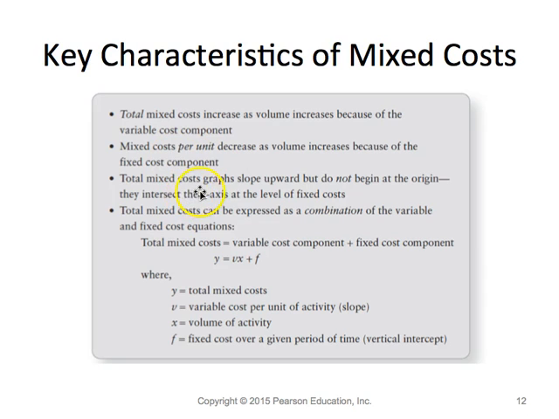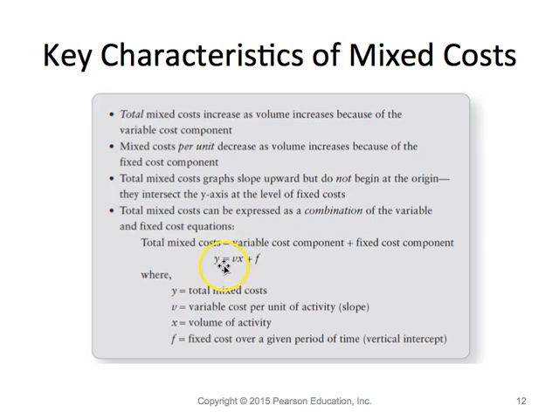So the total mixed cost graph slopes upward, but does not begin at the origin. They intersect the y-axis at the level of fixed cost. This is the equation, and everything you can explain from the equation here: y equals Vx plus F. F is the intercept.